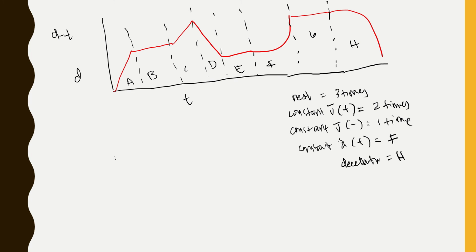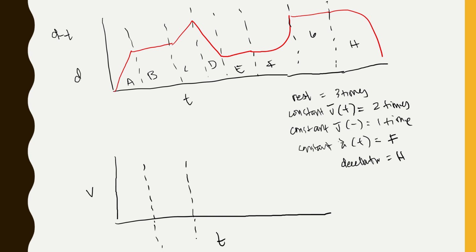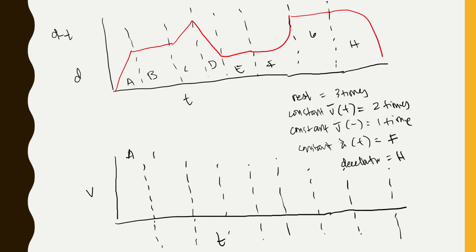Actually, pwede nating i-show yung segments natin as a VT graph. Okay? Pwede natin siyang i-show as a VT graph. Constant velocity, if this is A, B, C, D, E, F, G, and then H. Alright.